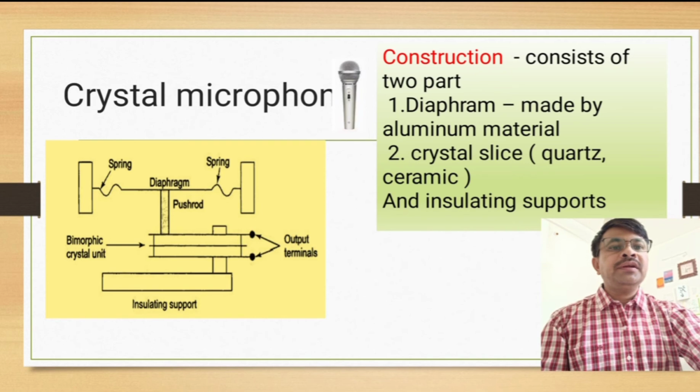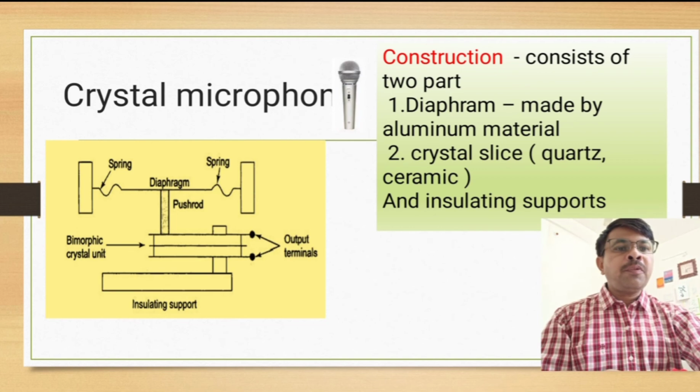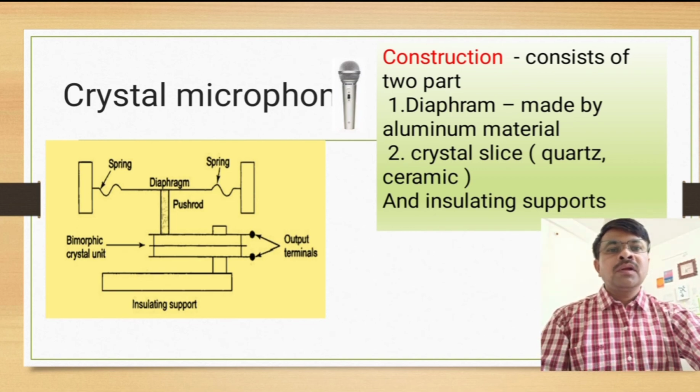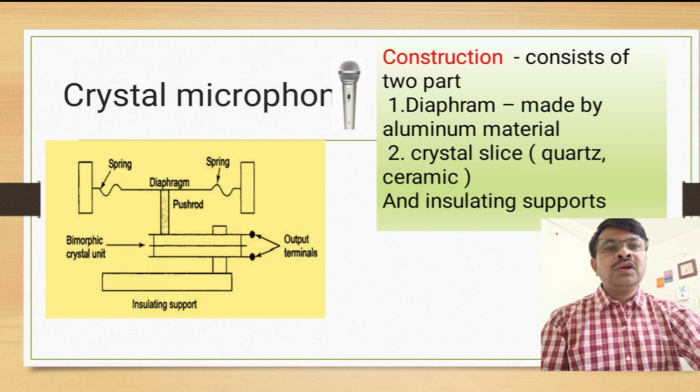The crystal unit or crystal slice may be a quartz material or a ceramic material, with some insulating support. So there are two important points. One is the diaphragm on which we apply the sound waves. Second is the crystal unit. On the crystal unit there are two electrodes, and on the two electrodes we collect the output voltage.